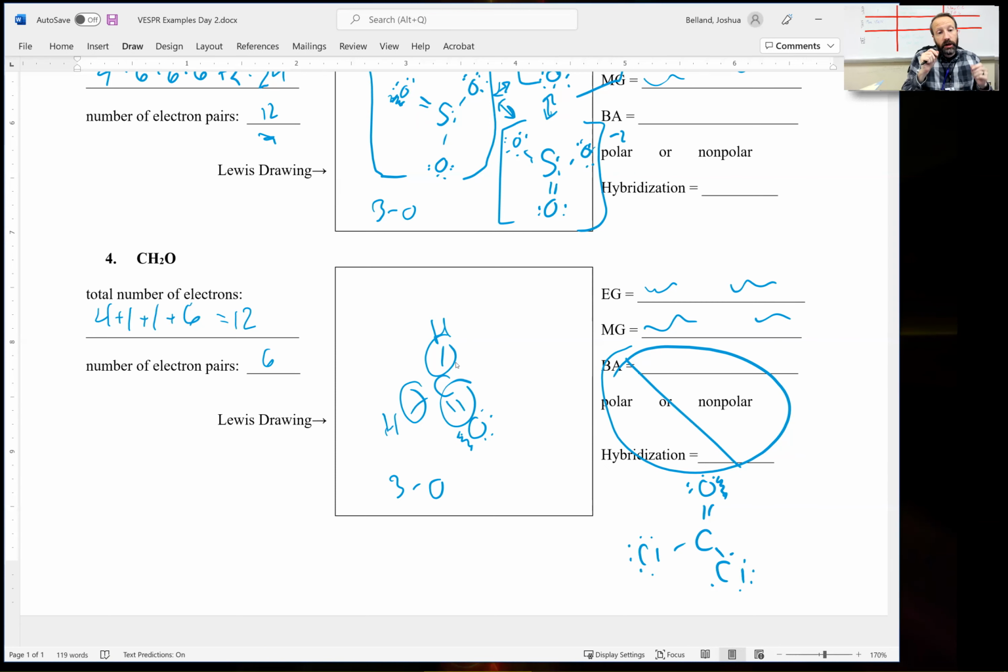Again, synops, I only check for it after I've done all the normal steps we did last time. Again, resonance, only if it's a double bond and only if there's more than one place that double bond could have gone. So please understand the progression.